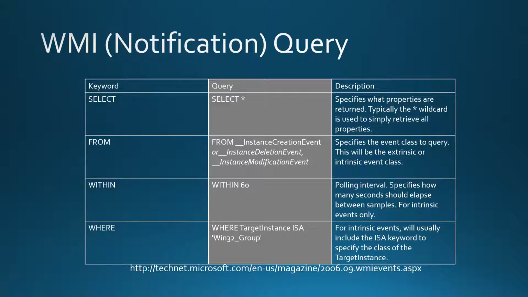The polling interval for polling the events is 60 seconds. This is specified in the WITHIN clause, and it's good practice to have the same polling interval for the WMI query as for the rule itself in SCOM, but we will see that later on when we run through the wizard.